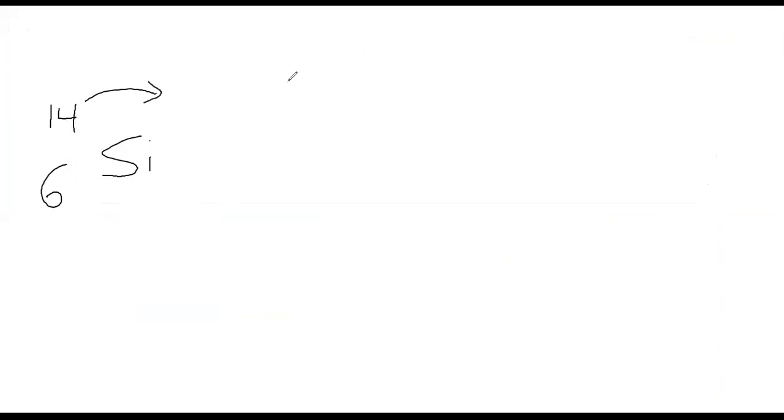So the top number gives you the number of protons plus neutrons, and the bottom number gives you the number of protons or electrons.